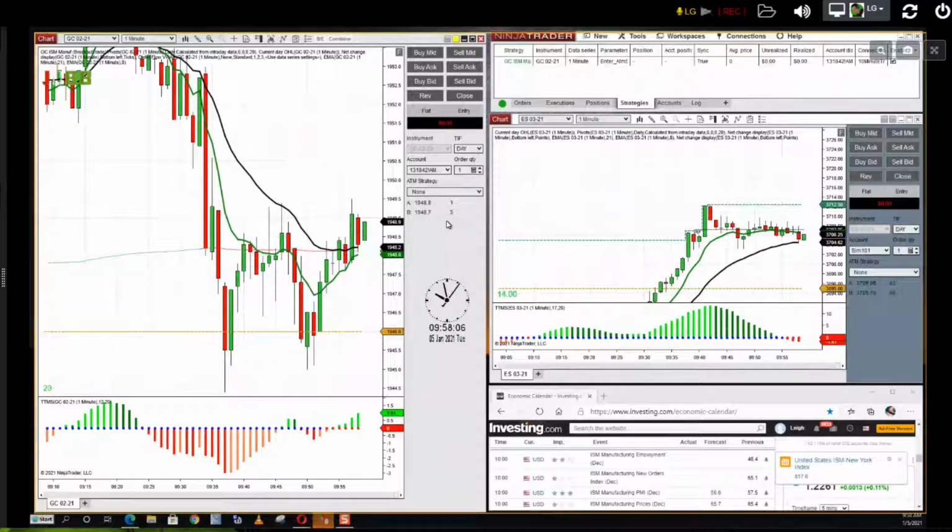Gold is pretty volatile this morning. So I'm debating whether or not I want to trade this trade.